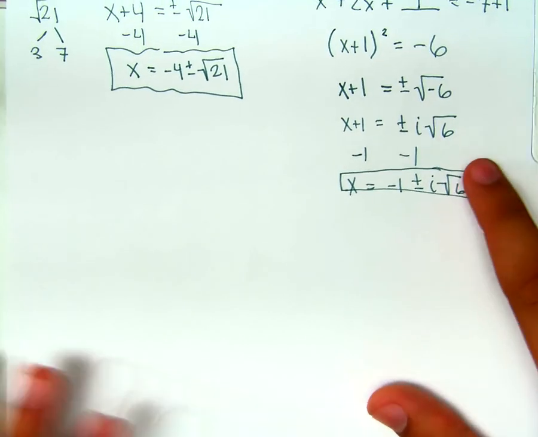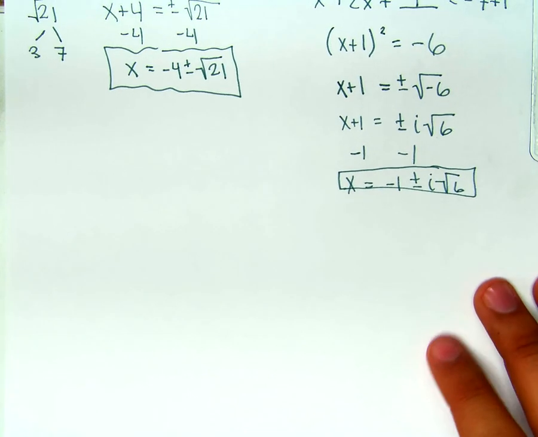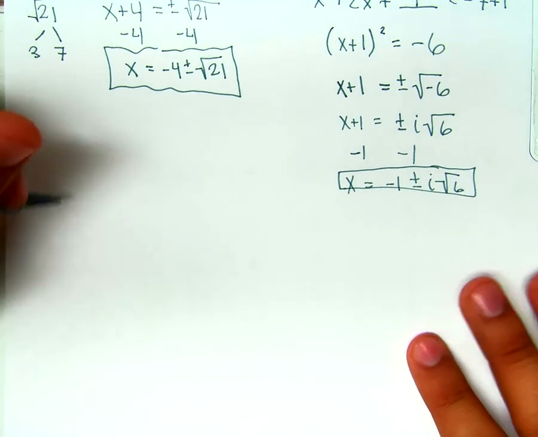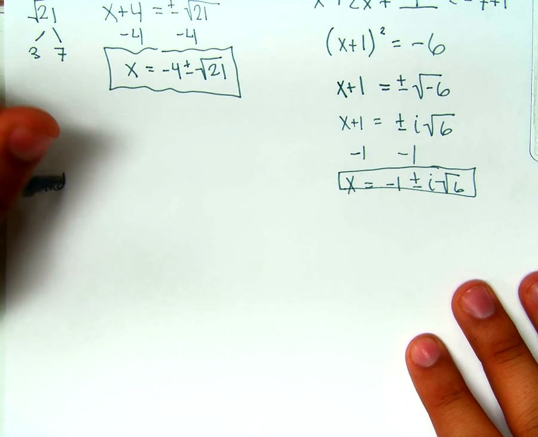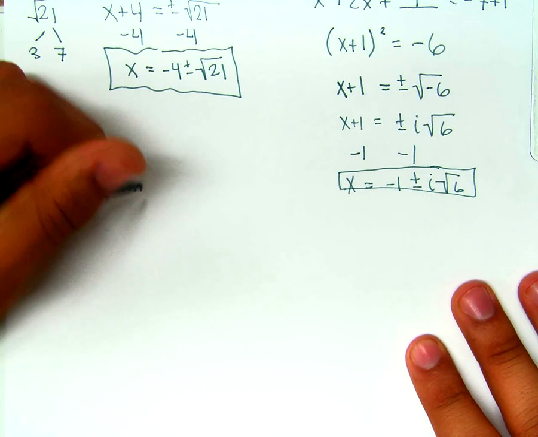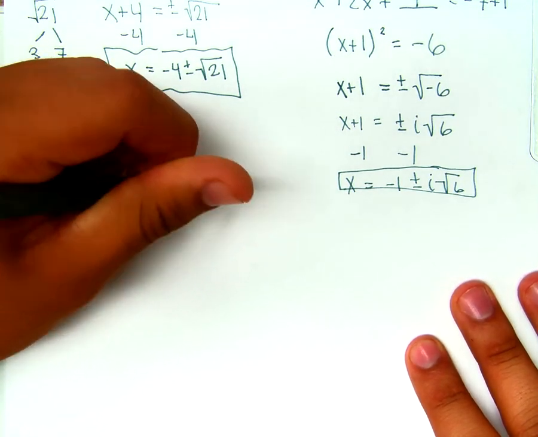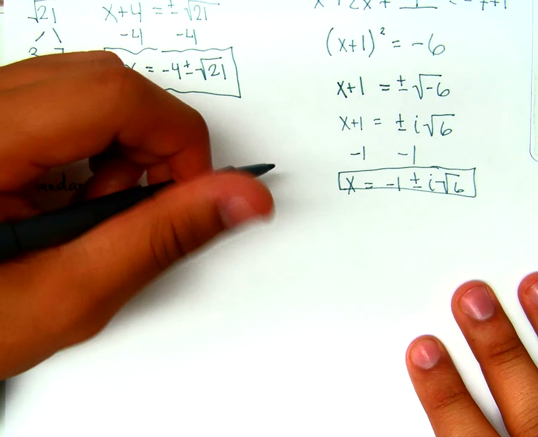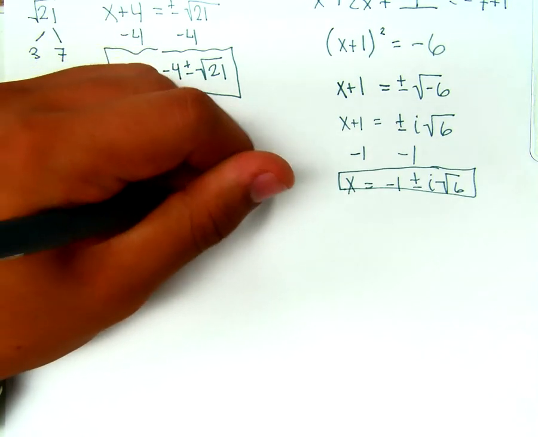So we want to go from standard form, and this is pretty easy, to vertex form, okay? And we want to be able to find the vertex.